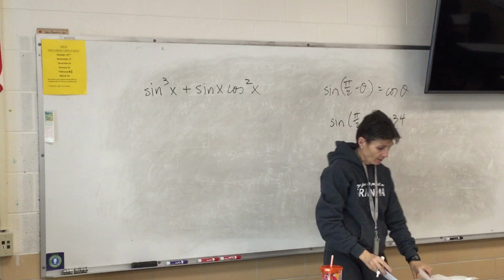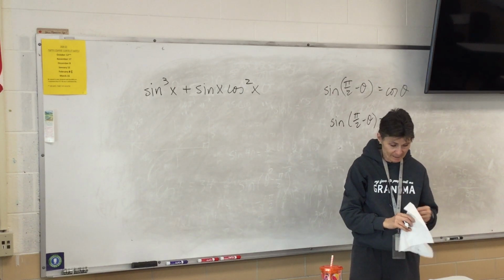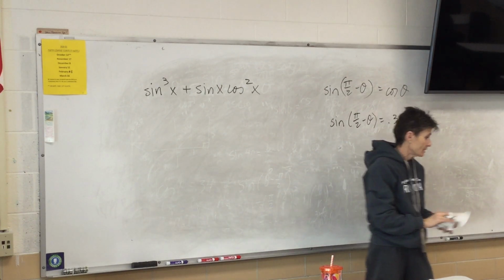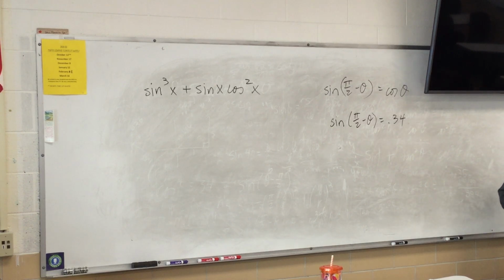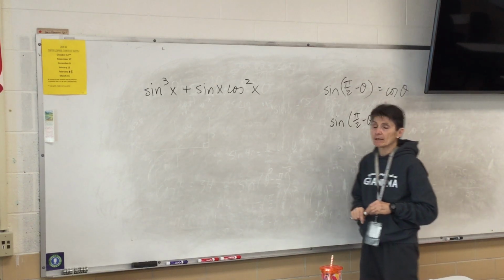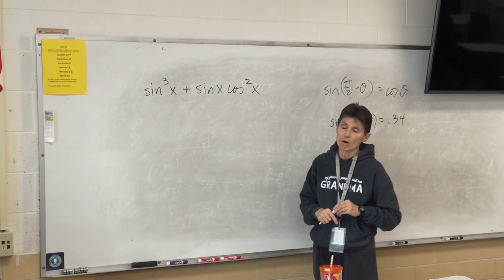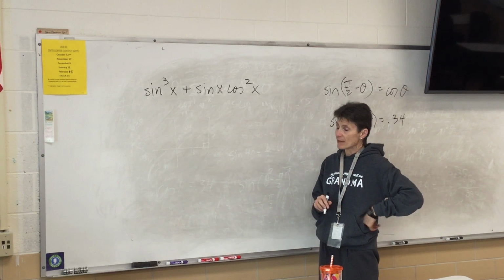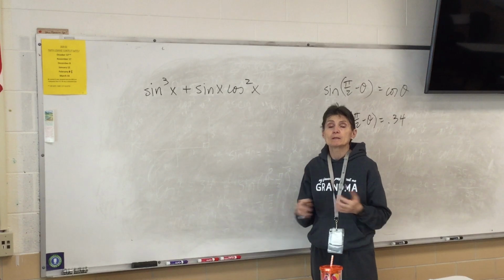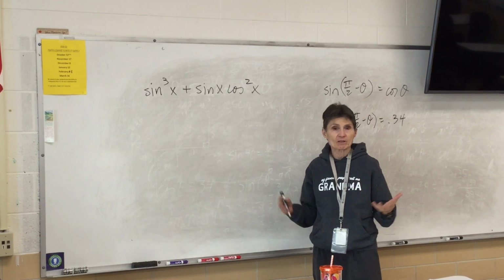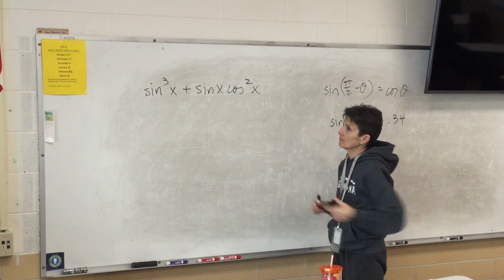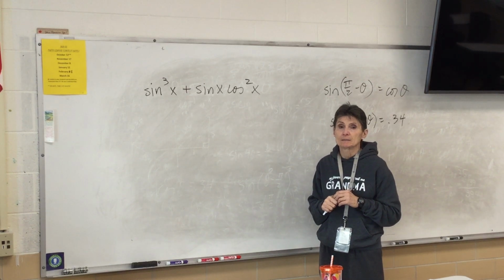Now, it looks terribly scary, but I do not want you to be scared. It looks scary, but it really doesn't have to be at all. Think about a normal math expression that had all these powers in it.